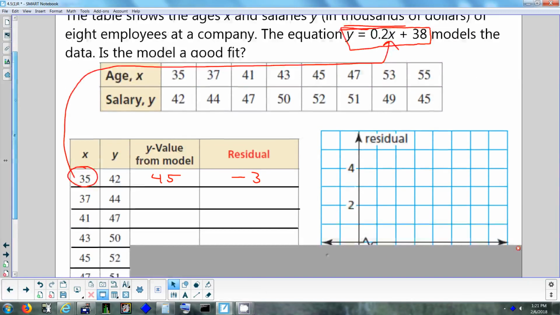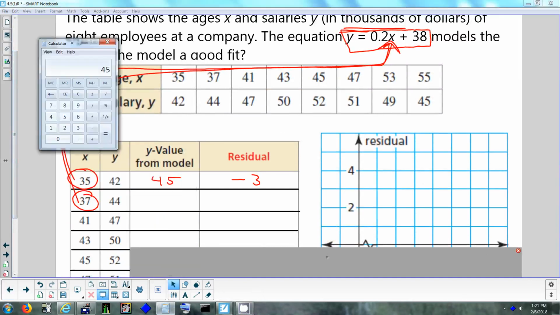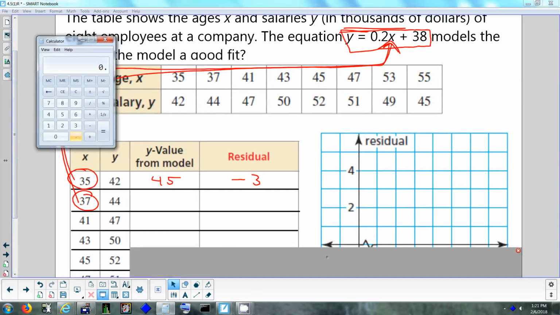Next step. Who can tell me the next thing I have to do? You're gonna take 37, plug it in for x, and then you're gonna solve the equation. All right, so take 0.2 times 37. 7.4, you know what? Just leave it like that.